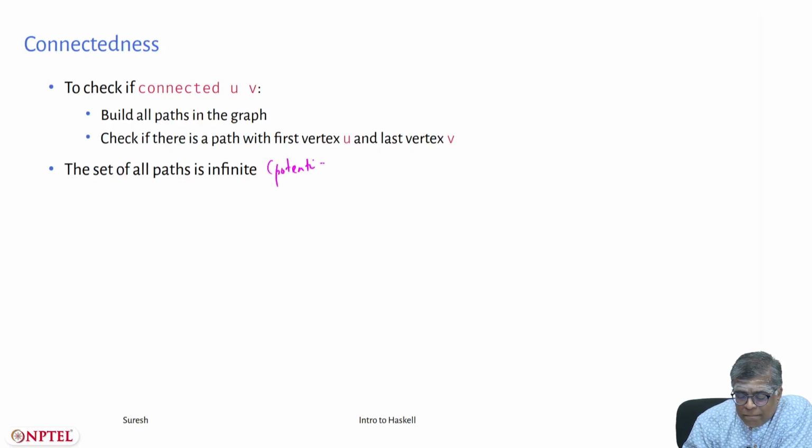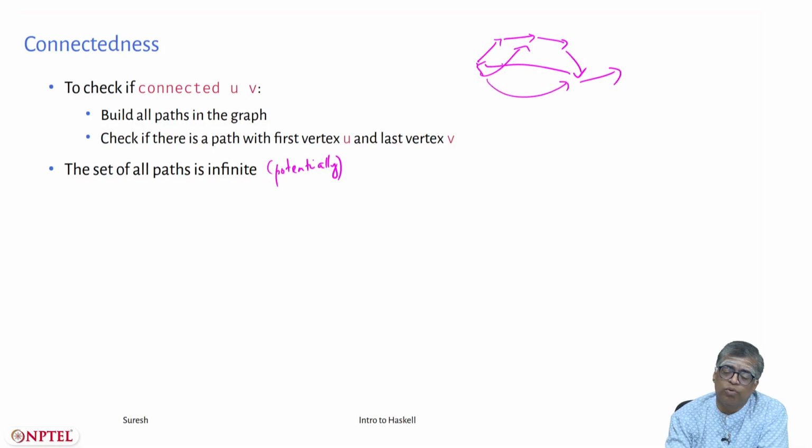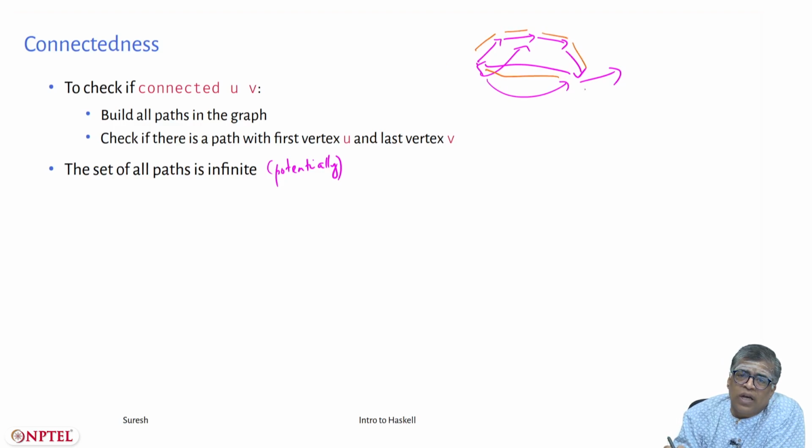Why? Because if I have a graph where, you see that you can take this path, let me change color, you can take this cycle as it's called, and you can go around the cycle any number of times and then exit the cycle.